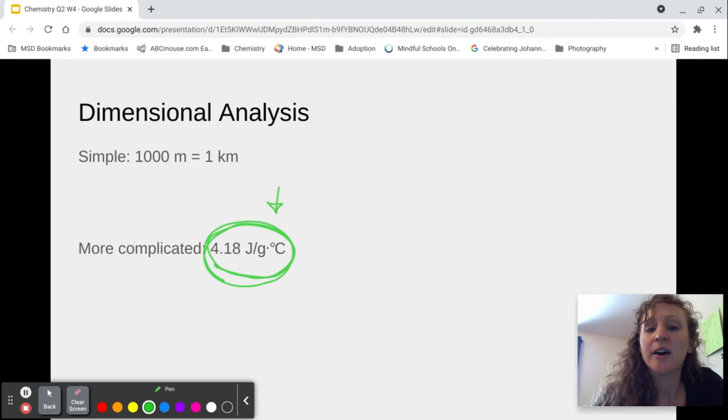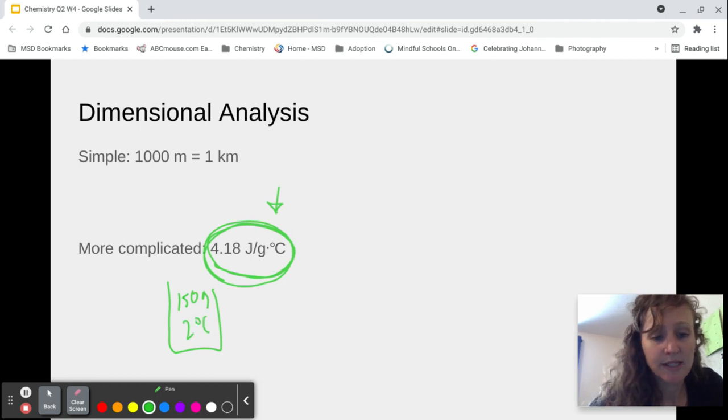Let's say I have a bucket of water, and that bucket of water weighs 150 grams, and I want to raise the temperature of that bucket of water by 2 degrees Celsius. Well, I can use dimensional analysis to figure out how much energy to put in.